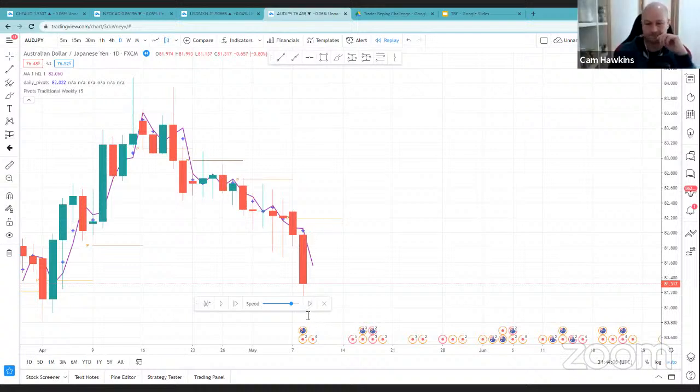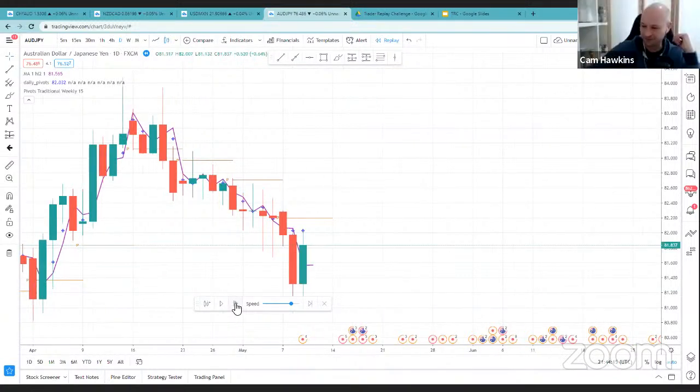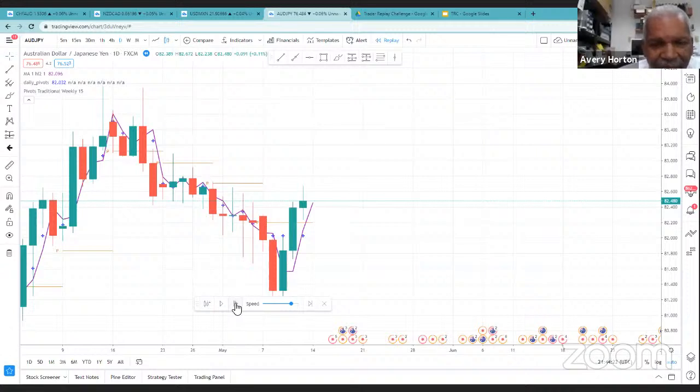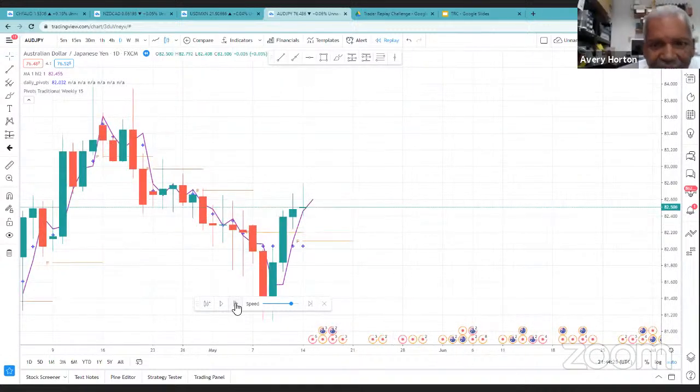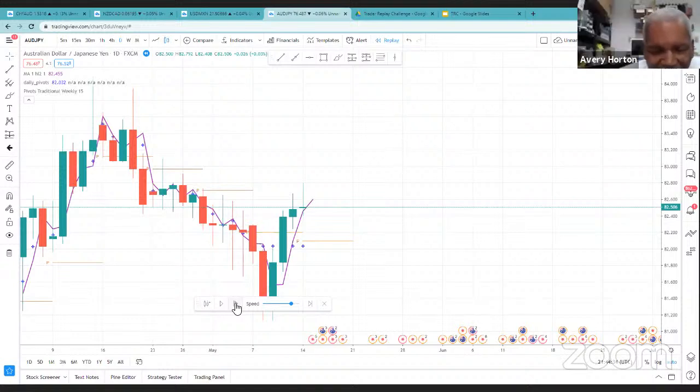Okay. Green. Oh, what the hell? Let's get rid of this. Okay, this one. Green. 2. Green. Green. Green. I'll give that to you. What was the next one? If you want to call that a doji, I'm not going to.